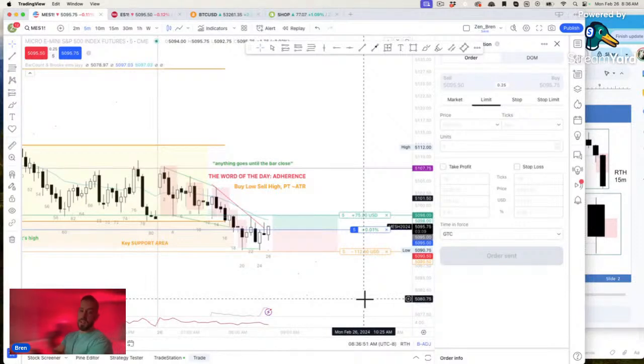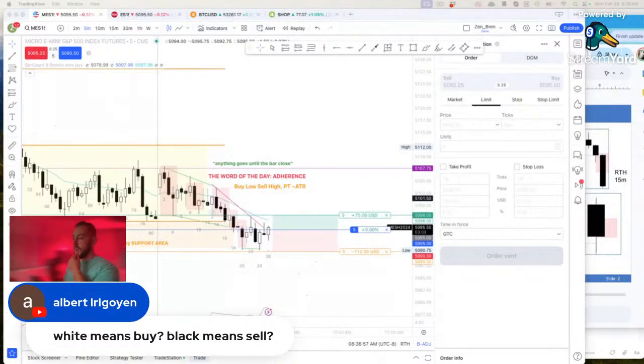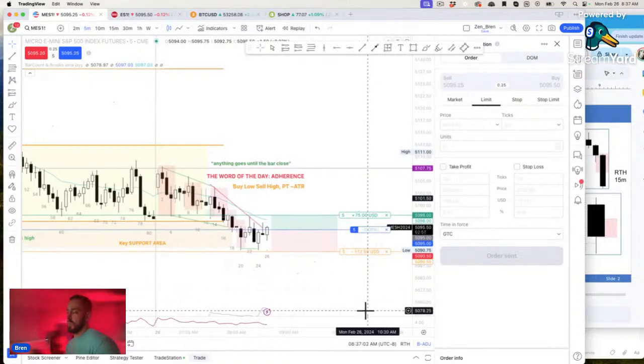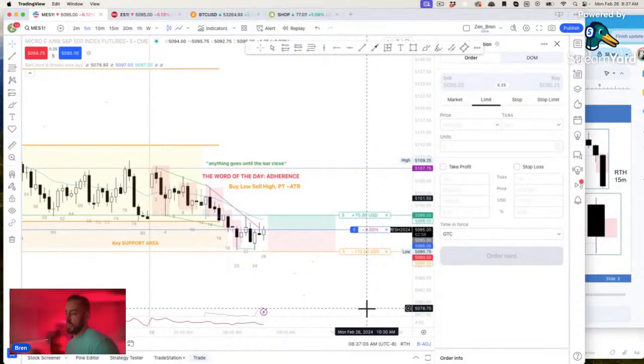Yeah. Albert, black is sell, white is buy. So the bull bars are white, bear bars are black. And why do I do that?